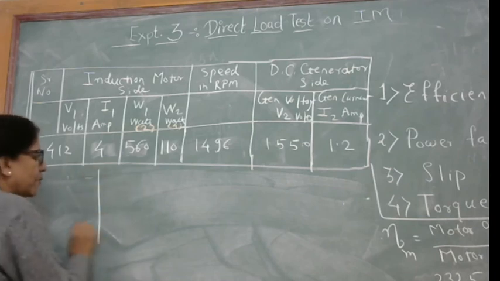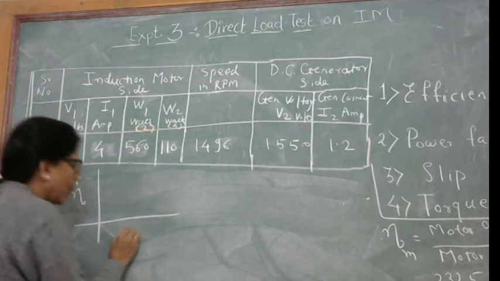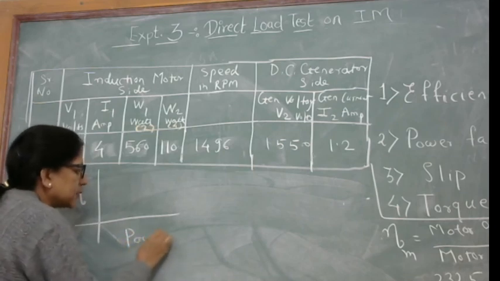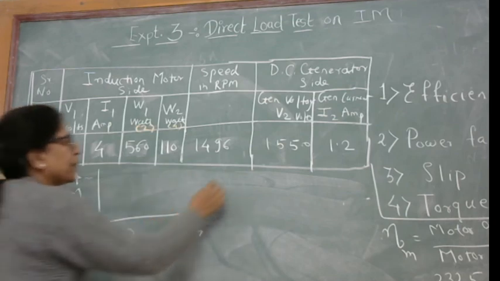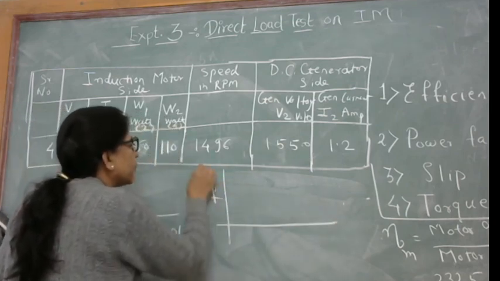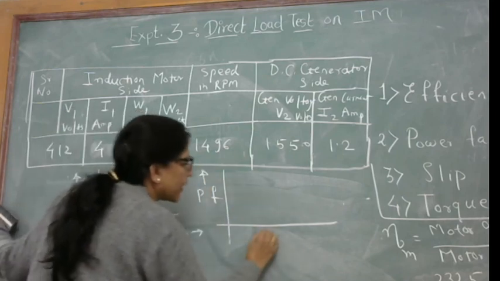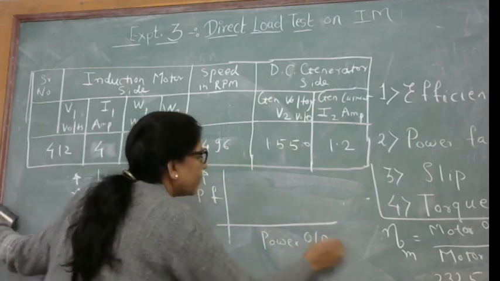One graph is power output versus efficiency. Then the second graph you will be plotting is for power factor, again power output versus power factor.